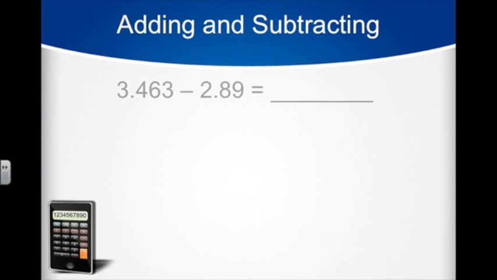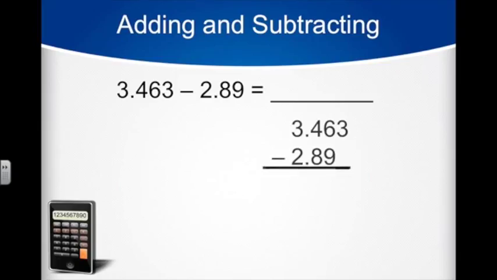Addition and subtraction work the same when decimals are involved. So let's look at the problem 3 463 thousandths minus 2 89 100ths. In order to subtract, we need to line up the decimal points, if we write it vertically like you see here. But how do we subtract when there's no digit below the 3?